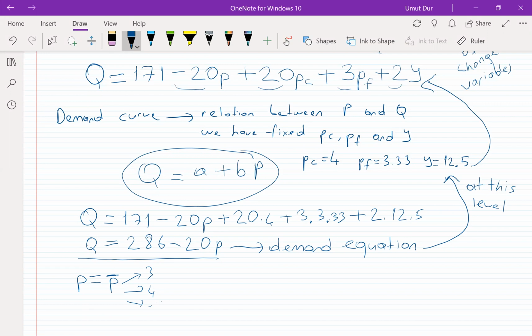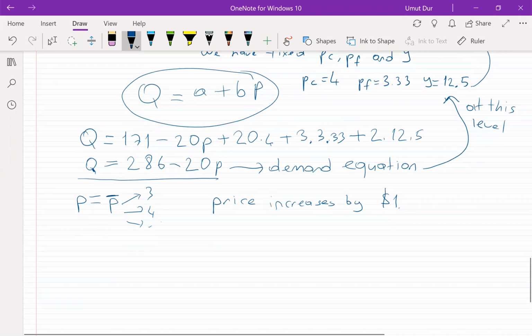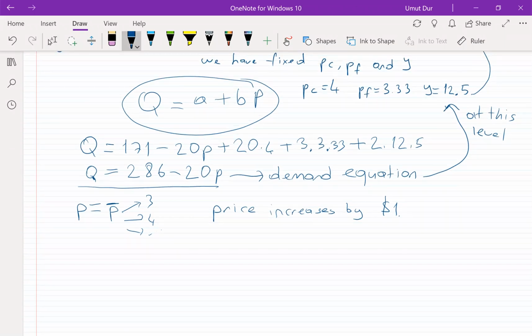I'm just asking, what if the price increases by $1? What will happen? We will try to understand that. To do that, we will basically find the Q initial, for the initial price, and I would like to find Q final for the final price, which is P bar plus 1.